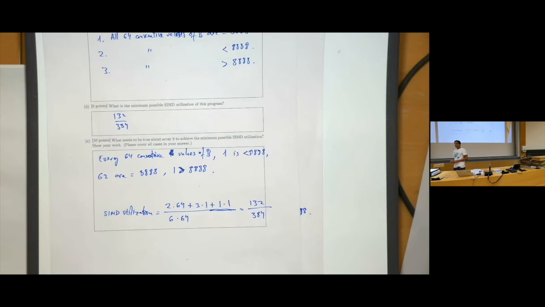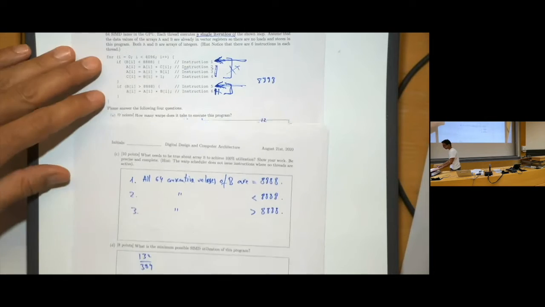Is it clear? When you try to calculate the minimum utilization, here is a hint: always try to think about how to involve many instructions in the calculation, and then for each of the instructions, try to minimize utilization. That's what we are doing here.